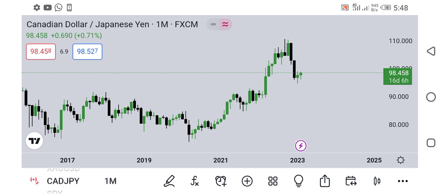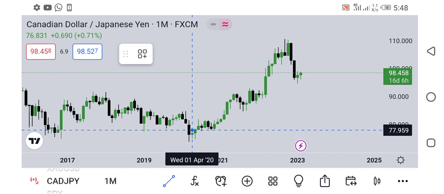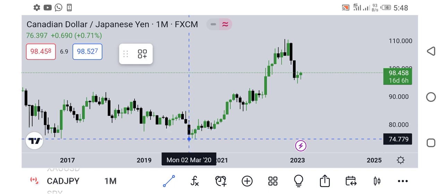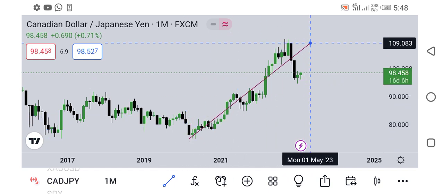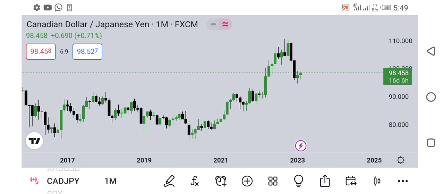We see the market start to trend up from around here, so we can say this market is obviously in a bullish move.